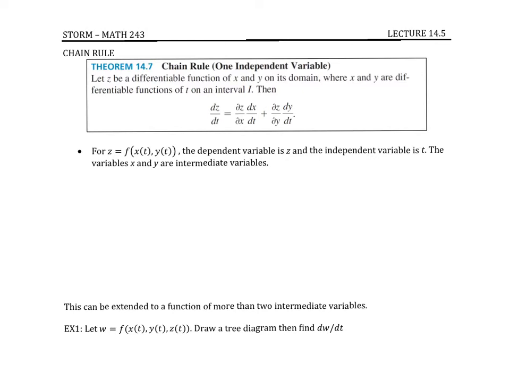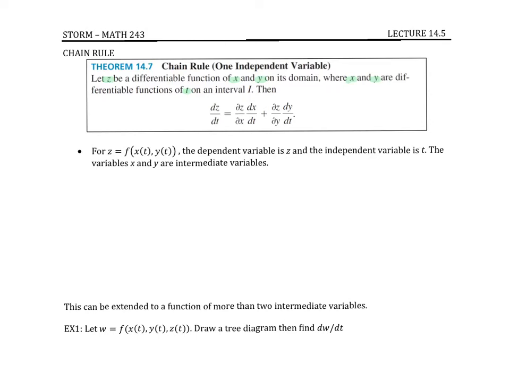Let's say we have this function z, and z is written in terms of the variables x and y. However, let's suppose that x and y are both functions of another variable t.